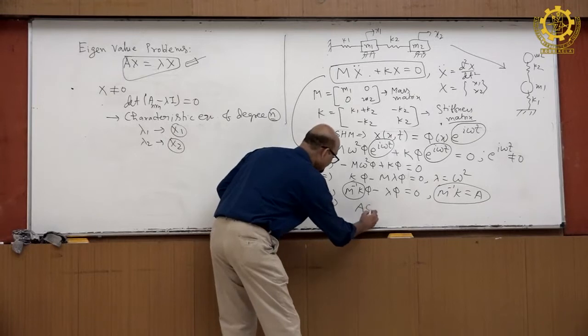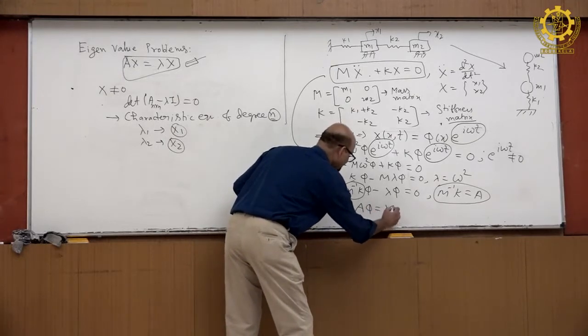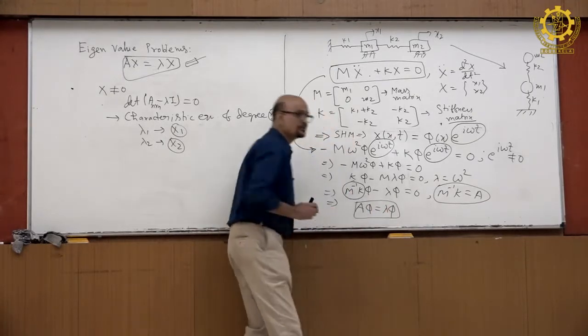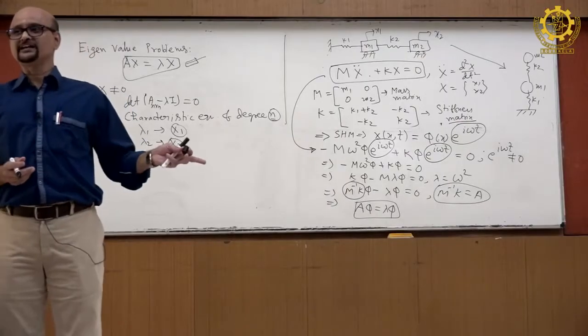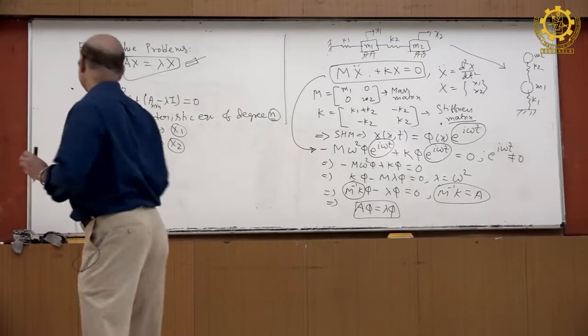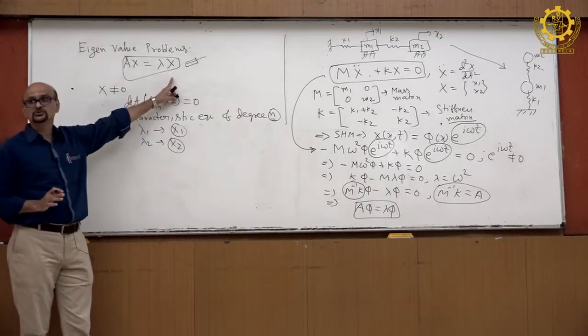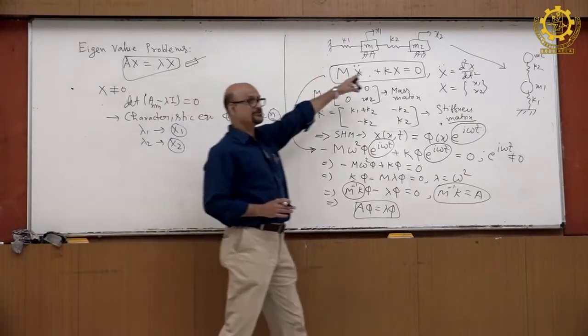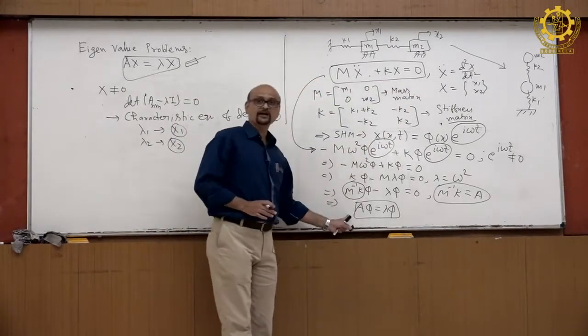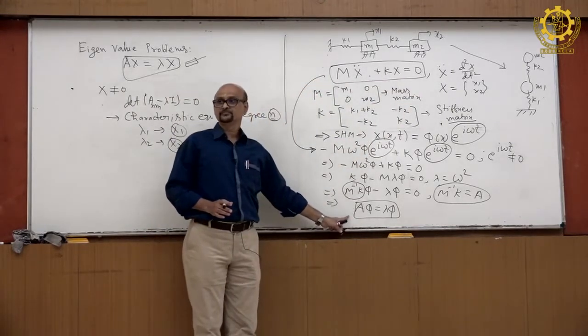A phi is equal to lambda phi. What is this? So, what we are getting? A phi is lambda phi, that means A x is equal to lambda x form, understood. So, this problem whatever you are doing, now convert it to eigenvalue problems, understood.